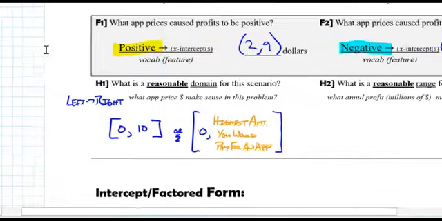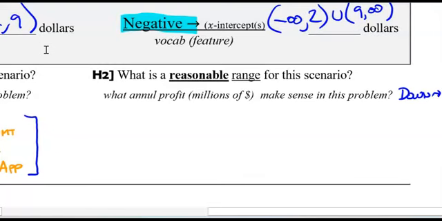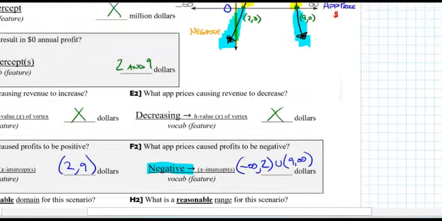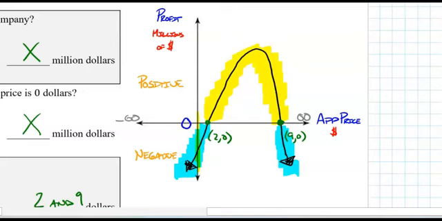What about a reasonable range? In this scenario, what annual profit in millions of dollars would make sense? How far down to how far up would this go? Well, even though we'd like to say that 0 might be the lowest amount a company could earn, technically companies could go into debt if they don't manage their finances well.